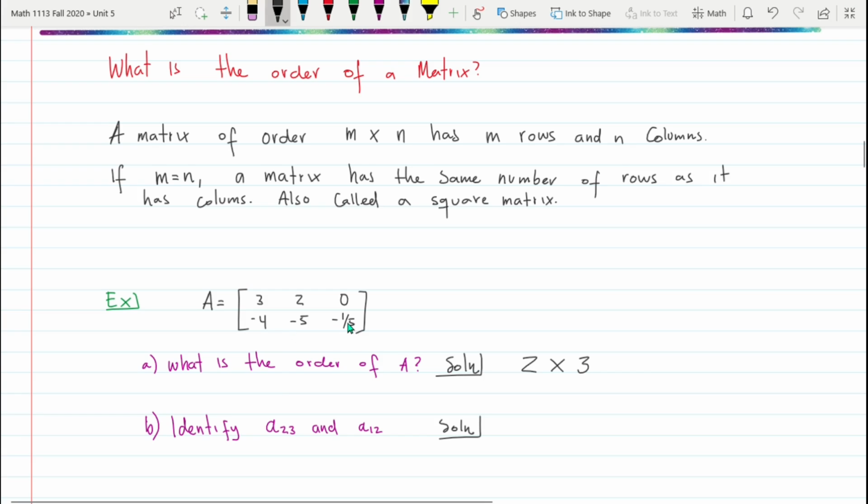So we can say that element A23 is element -1/5. And the other one, we have element 1, 2. It's going to be row 1, column 2. So that comes out to be the number 2. All right.